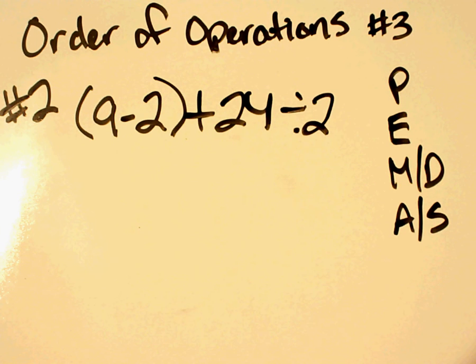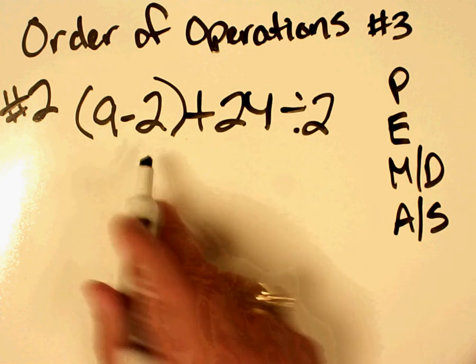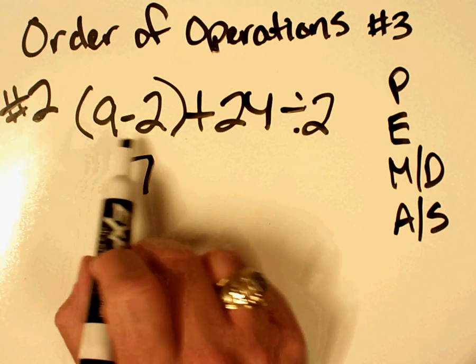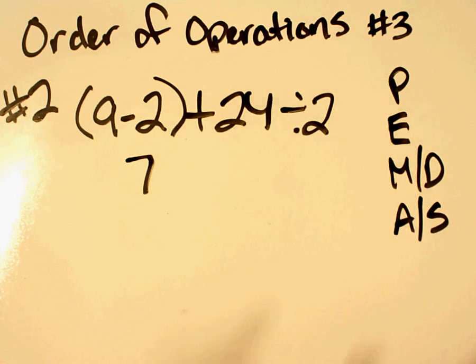Alright, once again, I've got parentheses, so I'm going to do that one first. So 9 minus 2 gives me 7. Again, because I've completed all the operations inside the parentheses, they are gone. They've served their purpose. I no longer need to write them.